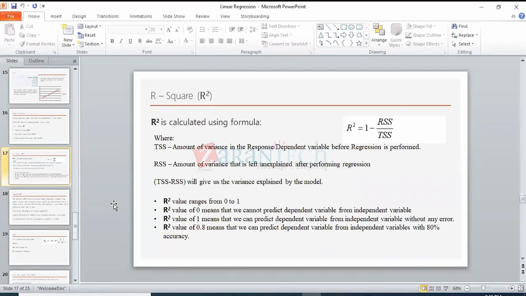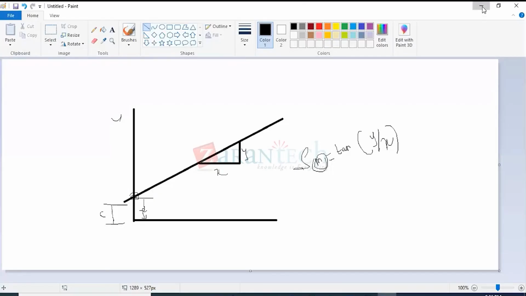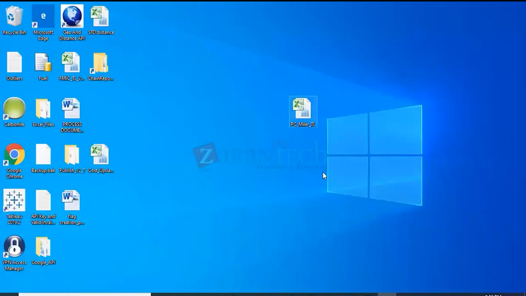Okay, clear how to interpret this? So if it's 0.5, then it's 50%. Yes, you can say your model is 50% accurate.